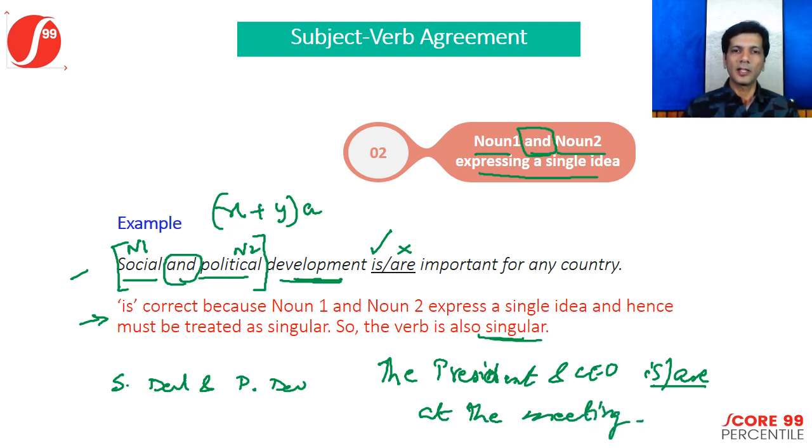Then here again, the president and CEO. The is common to both president and CEO, which means that this is just one single person. President and CEO are two separate designations of the same person. So the subject is singular, so the verb would be singular. It would go with is and not are. So be a little cautious when you deal with two nouns combined with and. Not all the time would the subject be plural.